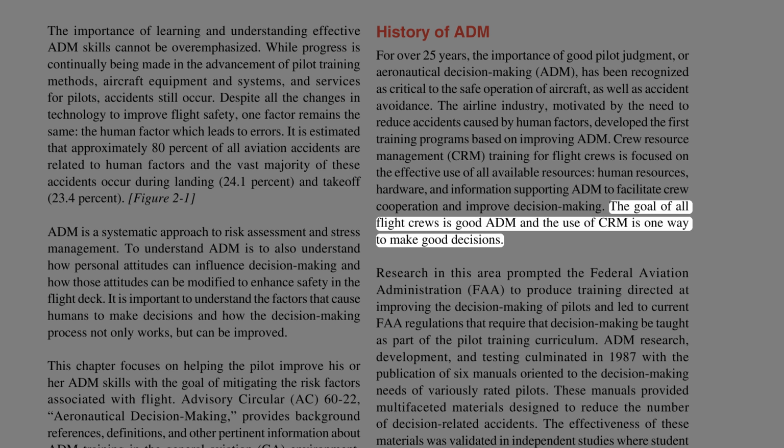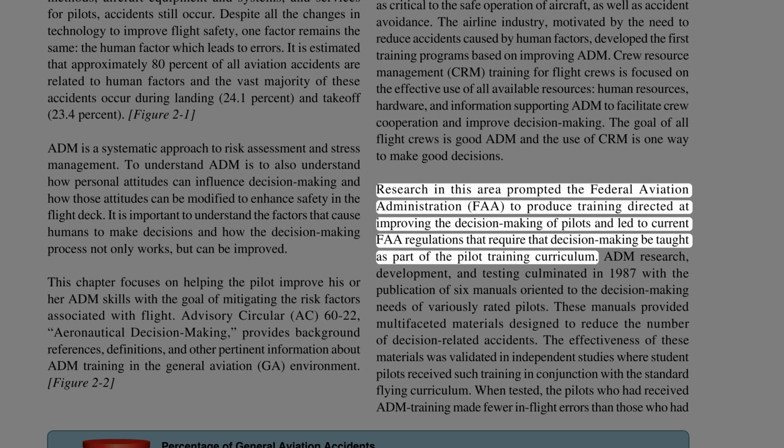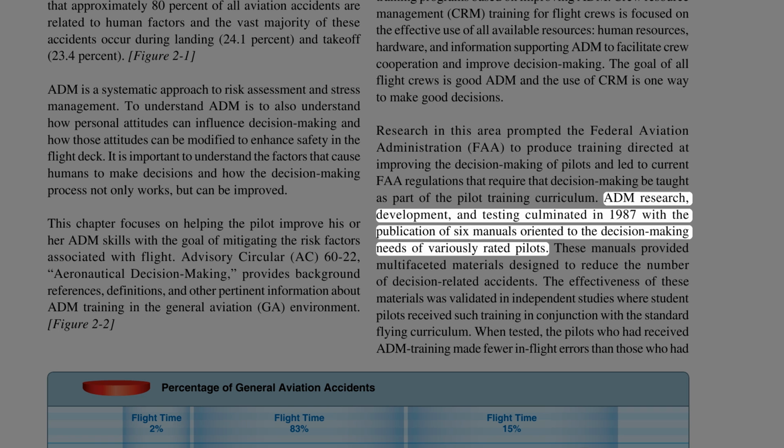The goal of all flight crews is good ADM, and the use of CRM is one way to make good decisions. Research in this area prompted the Federal Aviation Administration (FAA) to produce training directed at improving the decision-making of pilots, and led to current FAA regulations that require that decision-making be taught as part of the pilot training curriculum.